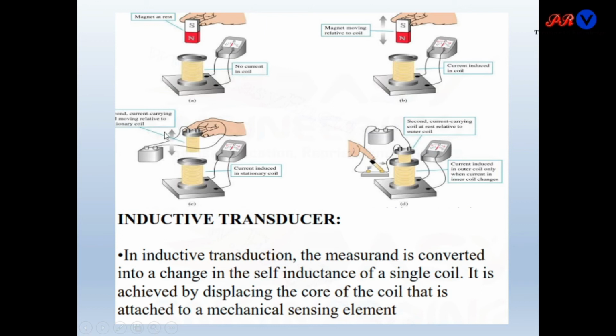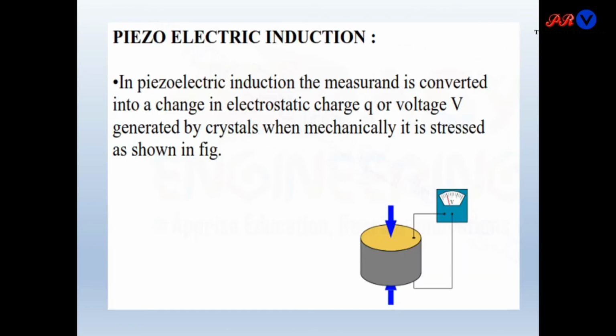The third method is a current carrying conductor moving relative to a stationary coil. In this way, current is also generated. In the fourth, the current carrying coil is at rest, but the current is induced by changing the speed at a rapid rate. So in this way, an inductive transducer converts measurement into a corresponding change in self inductance and hence a change in the current.